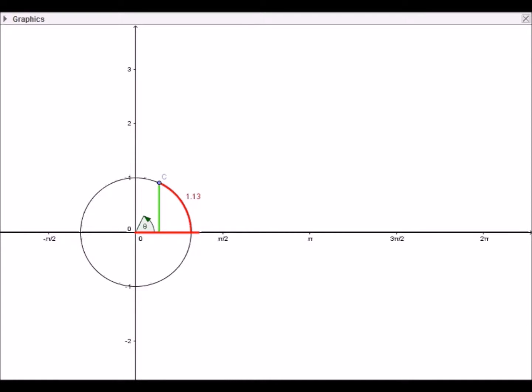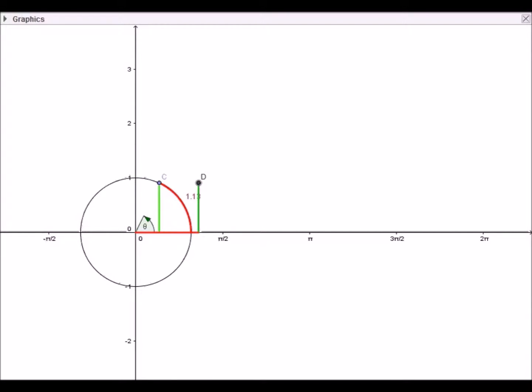So what I will do is add a line segment in green here that is of the same length as the green line segment here. So in other words, this point here, which I will call D, has an x coordinate which corresponds to the angle and a y coordinate corresponding to the sine value. So overall, this point D lies on the sine curve.